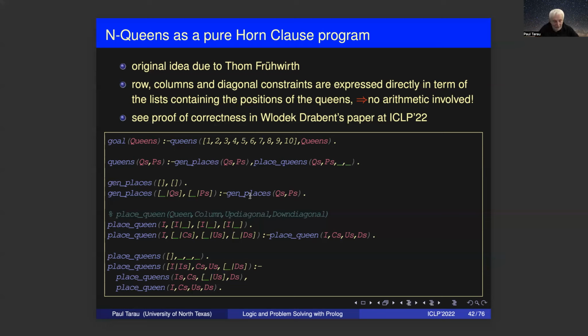All right, so I will leave you with the reading of the paper and playing with the code. Be amazed that it works with no arithmetic and it places the queens very nicely.